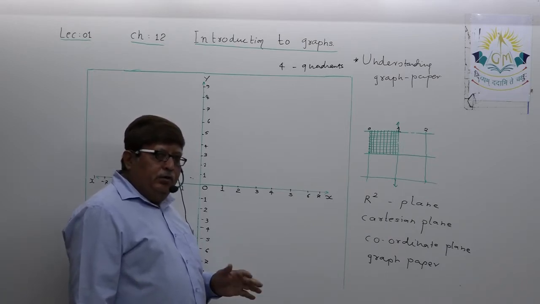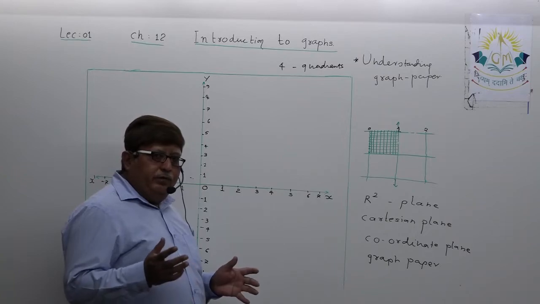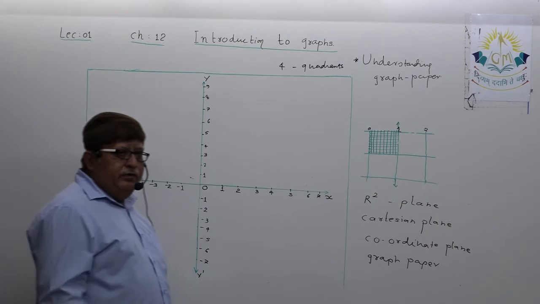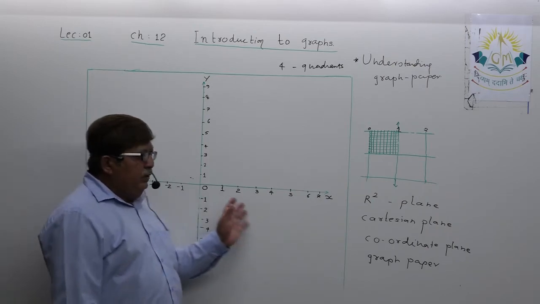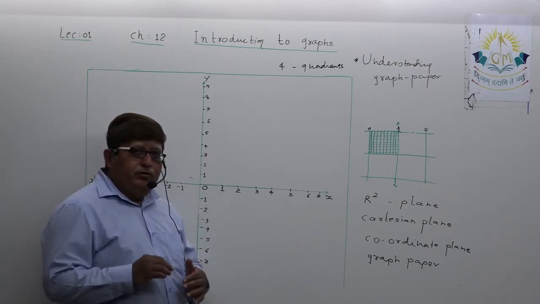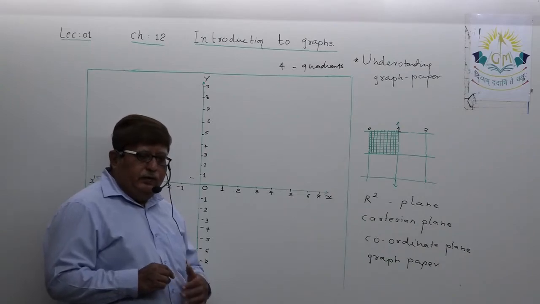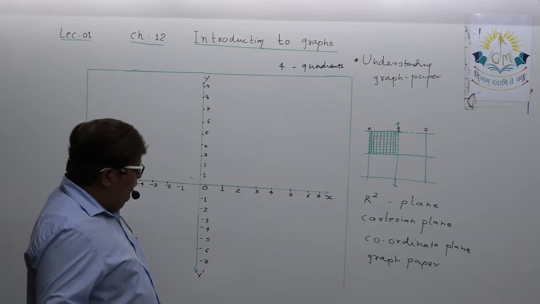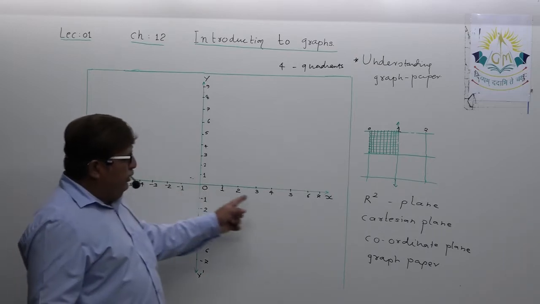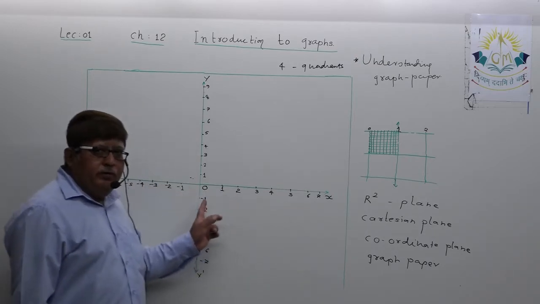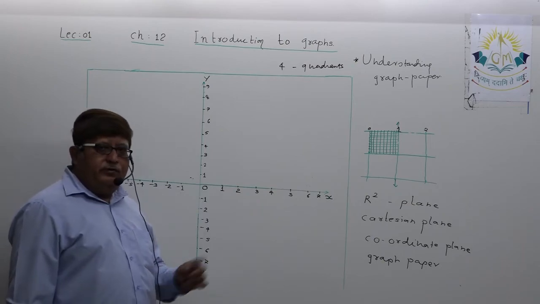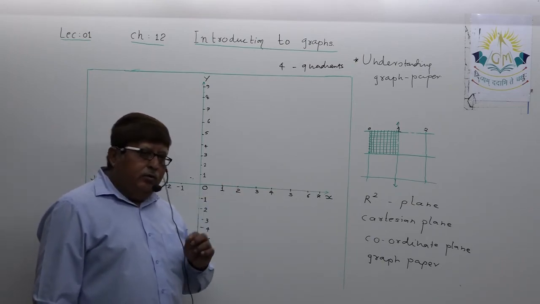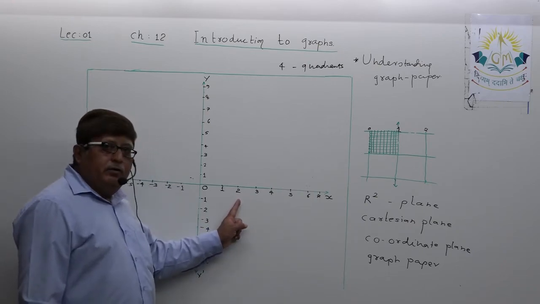Understand? Whenever you are asked, or whenever you solve any example on graph paper, this is the way you have to prepare the graph paper. First you look at this. Now you understood why it is known as the coordinate plane, because the numbers which you have represented on the x-axis and y-axis are known as coordinates.